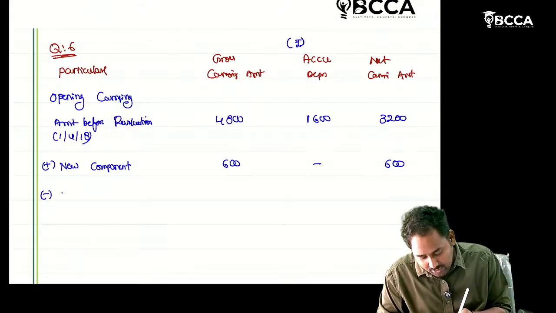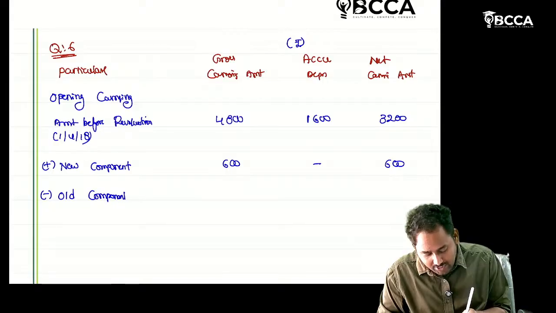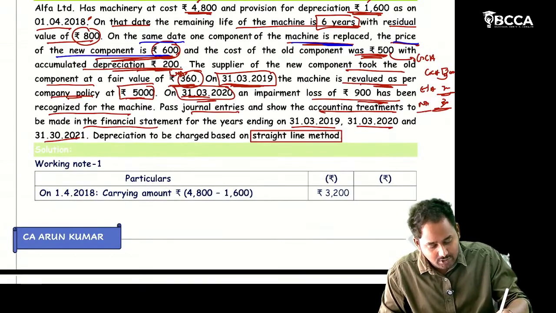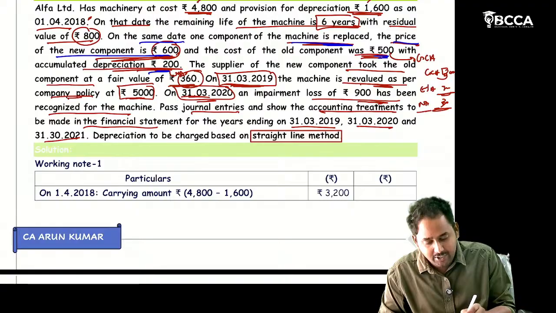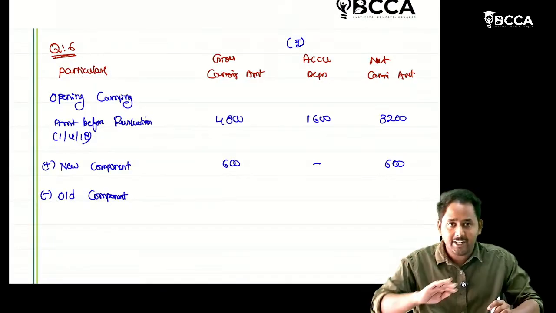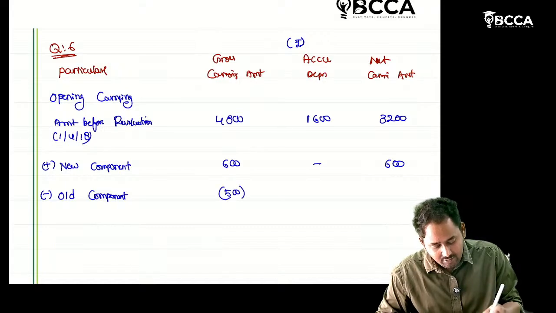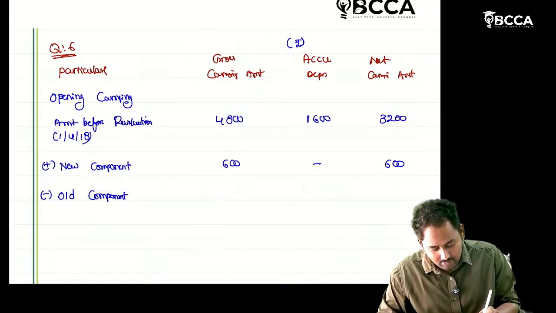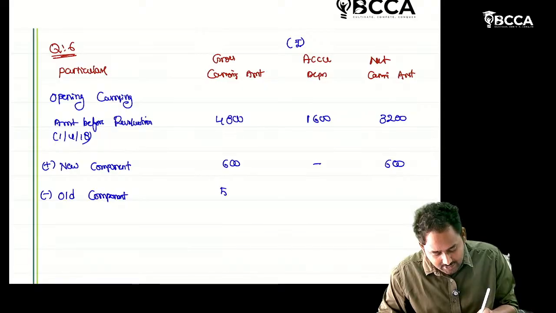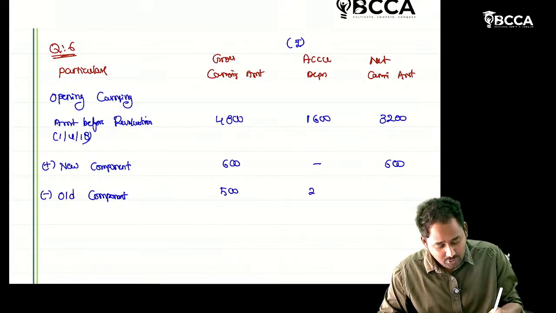Then what about the old component? The gross carrying amount is 500 and the accumulated depreciation is 200. This should be derecognized from my books. Then I get 300.